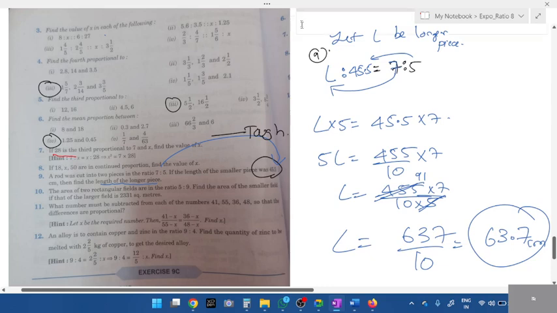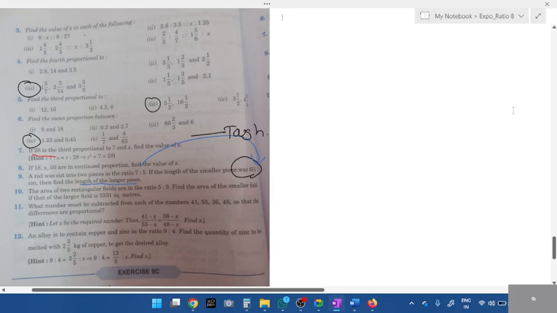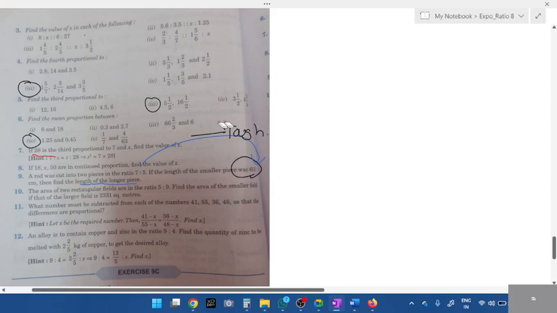Shall we try the 10th one? Okay, have you understood ninth? Okay, 10th question, students. And after this, we'll start probability. The next chapter will be probability.